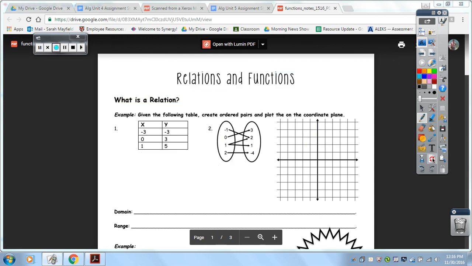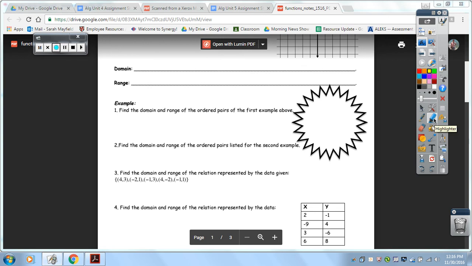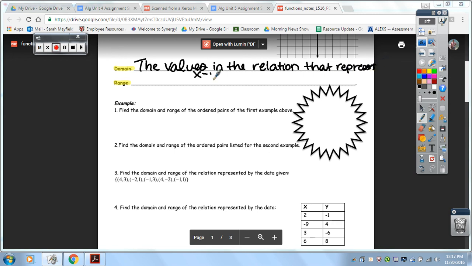Okay? So now, let's talk about domain and range. Highlight where it says domain and highlight where it says range. Domain are all the values. Oh, sorry, let me write that. Let's start again. Let's say this. The values in the relation that represent x values.